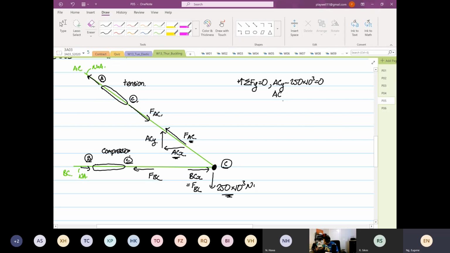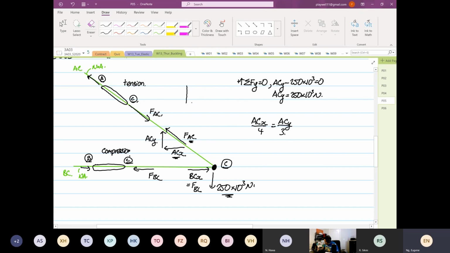So ACY is equal to 250 times 10 to the power 3 Newton. That is your ACY. So we want to find our ACX. We use similar triangles. So ACX over 4 is equal to ACY over 3. Why is that the case?